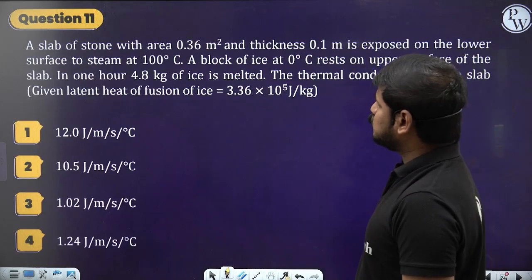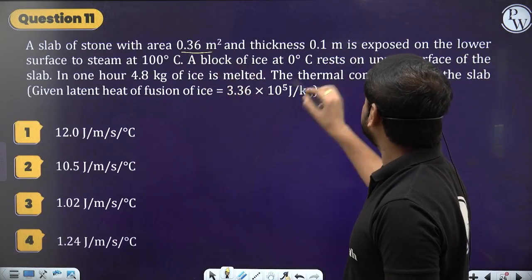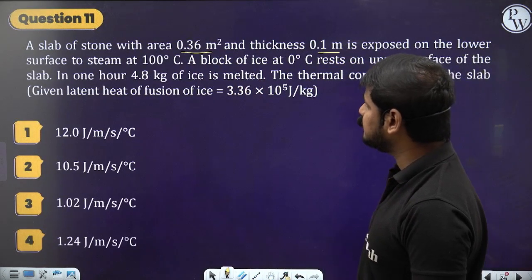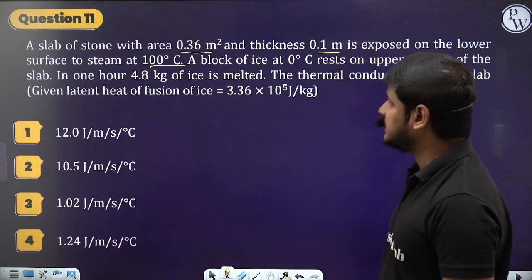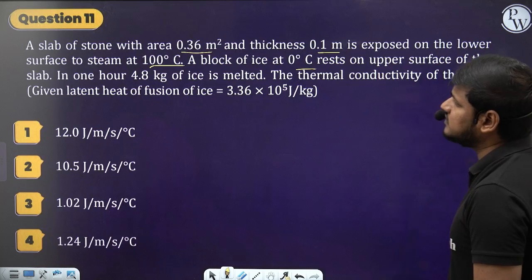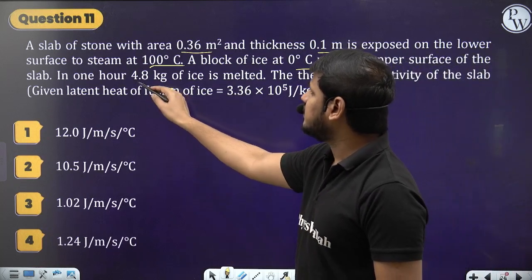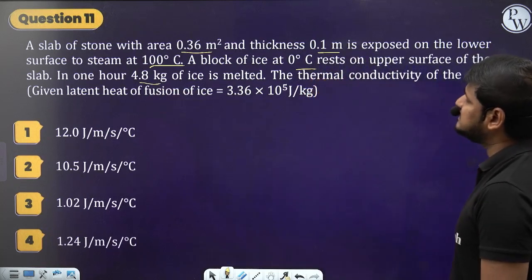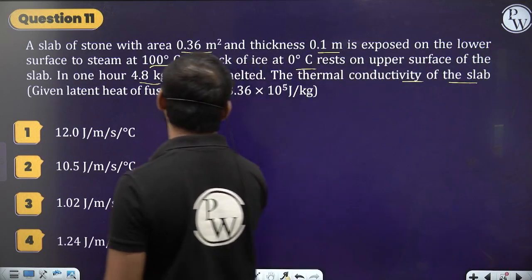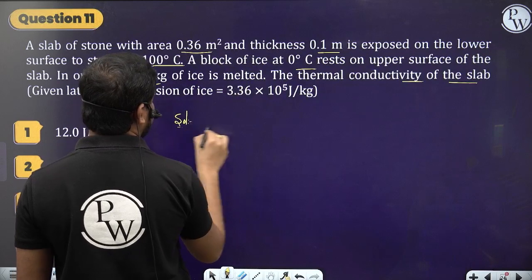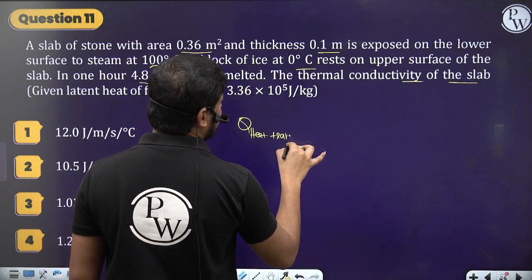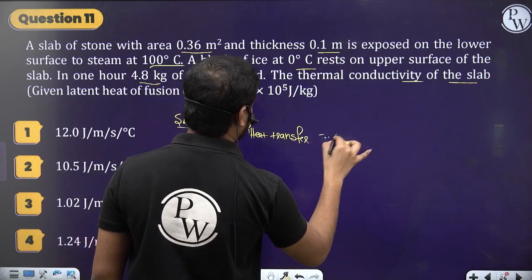A slab of stone with area given, thickness 0.1 meters, is exposed on the lower surface to steam at 100 degree centigrade. A block of ice at 0 degree centigrade rests on the upper surface of the slab. In 1 hour 4.8 kg of ice is melted. So the thermal conductivity of the slab is, same question. The heat transfer is equal to the heat that is used to melt the ice.